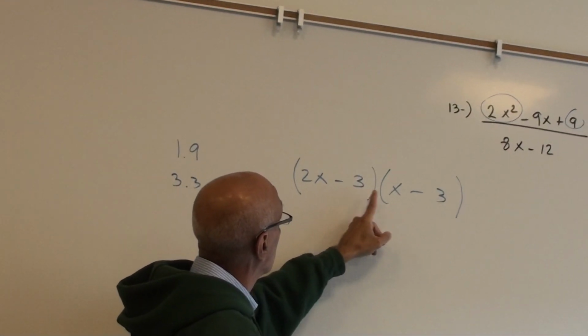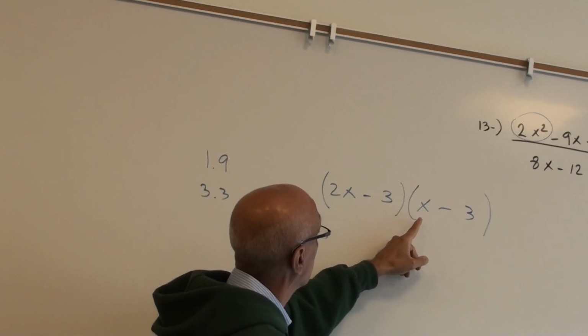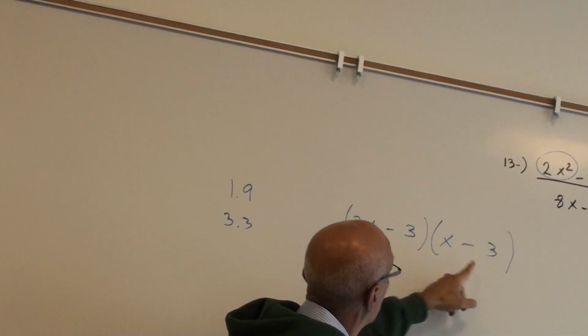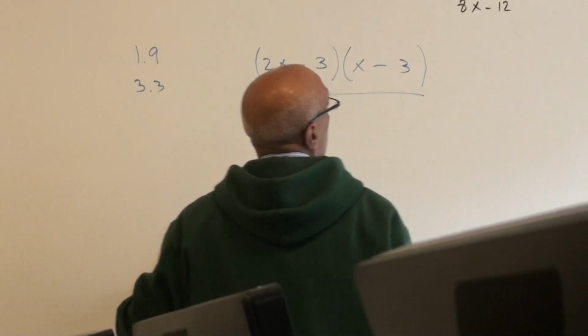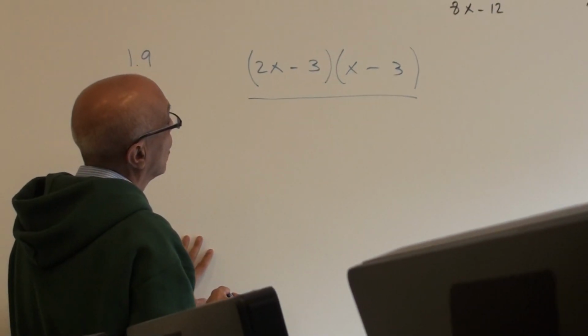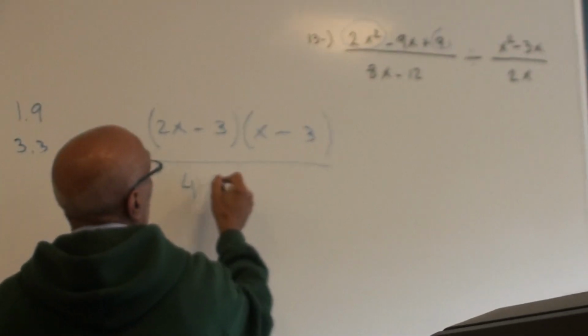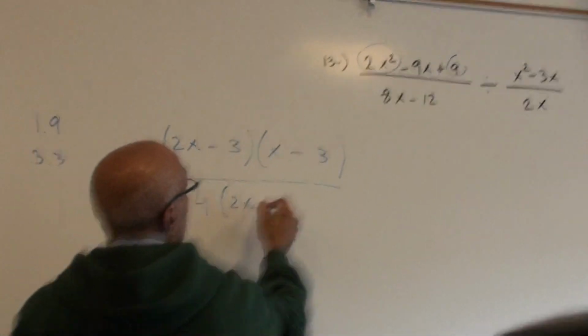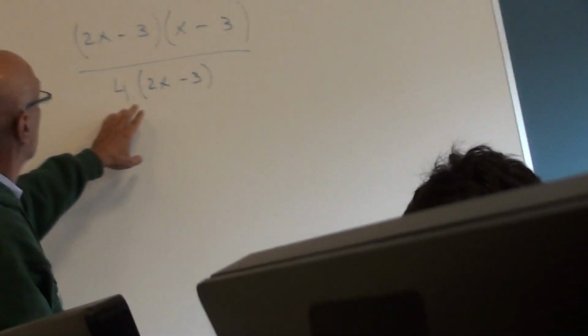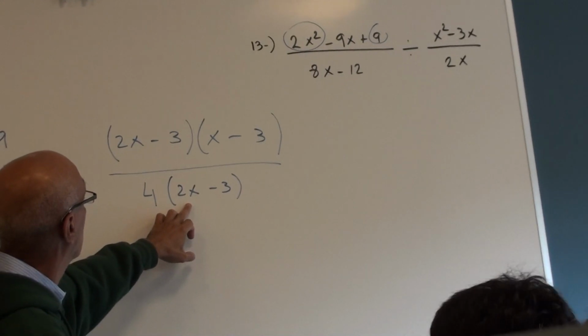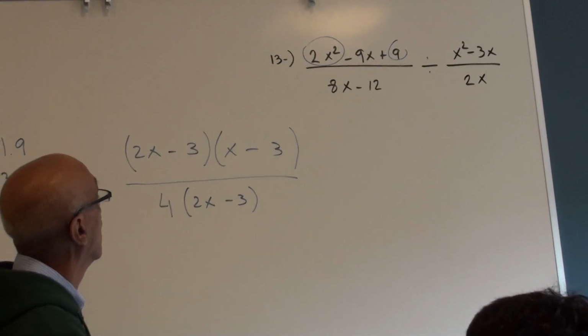Negative 3 times negative 3 is 9, so negative 6 with negative 3 is negative 9x, and the product is 9, so that's good, that's perfect. So now here, can I factor anything out? If I take 4 out, I can have 2x minus 3. Let's see, is this correct? 4 times x, 8x minus 12, that's okay.